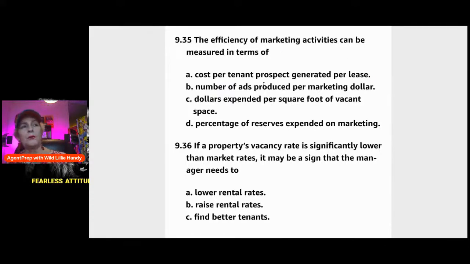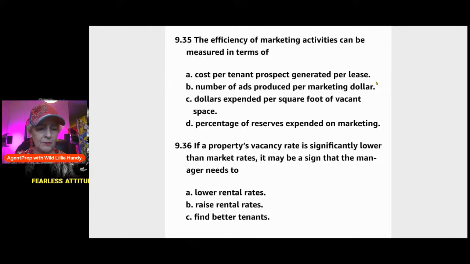They're generating prospects and hopefully converting them to leases. So each month, the cost of their marketing hopefully will generate and convert a tenant prospect into a lease.